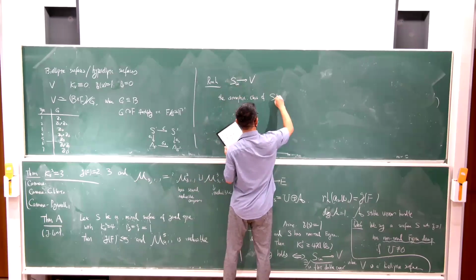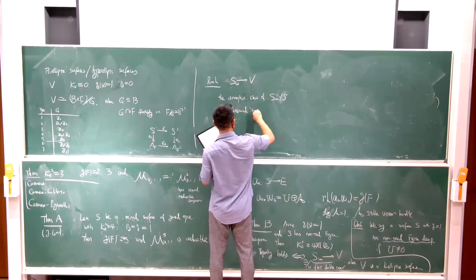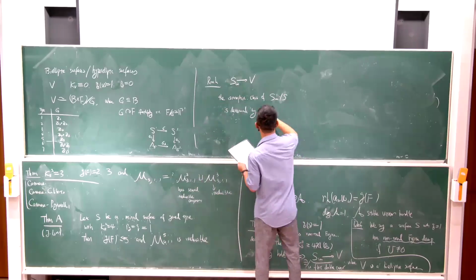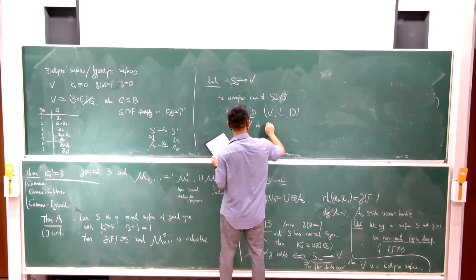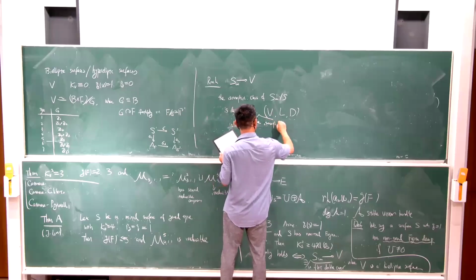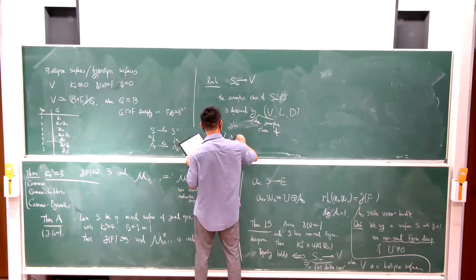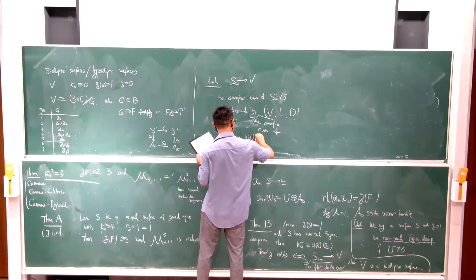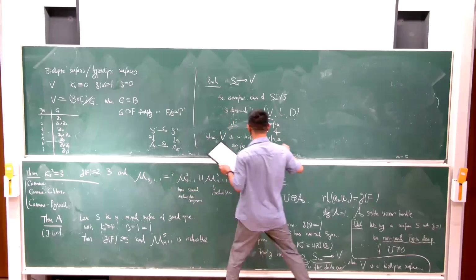of S canonical, or S, is determined by the isomorphism class of the triple data, where V is a bielliptic surface, L is the ample model, and D is the branch locus.